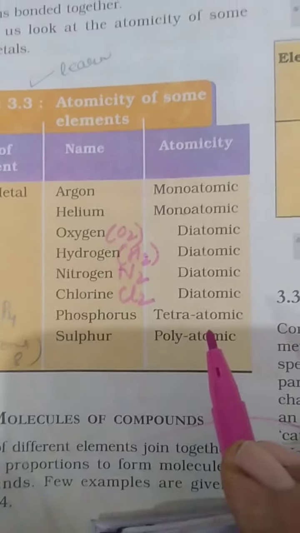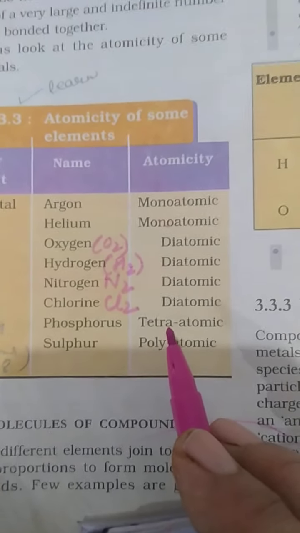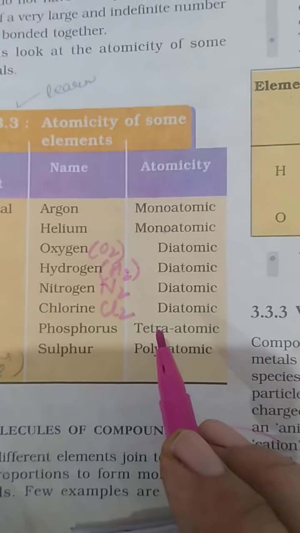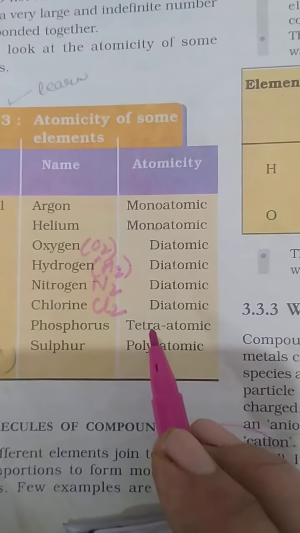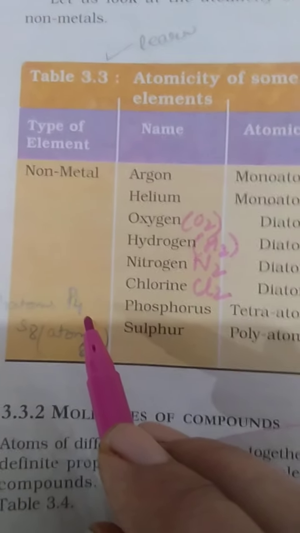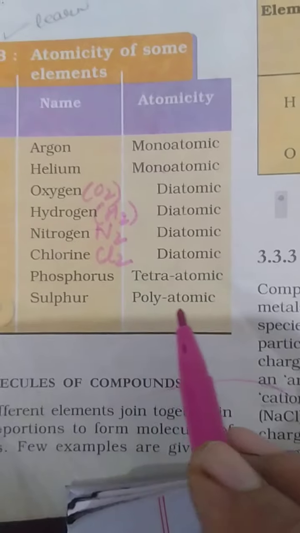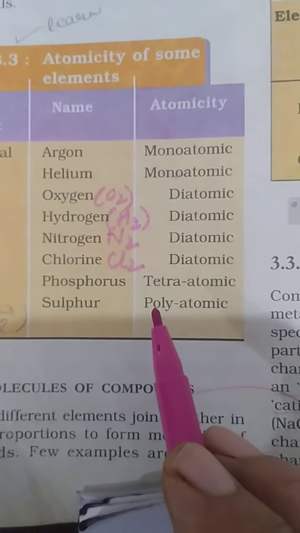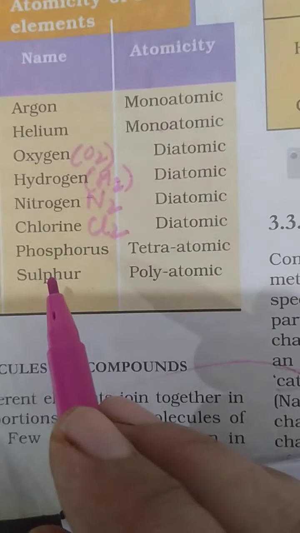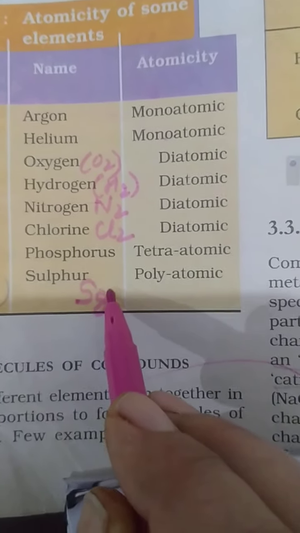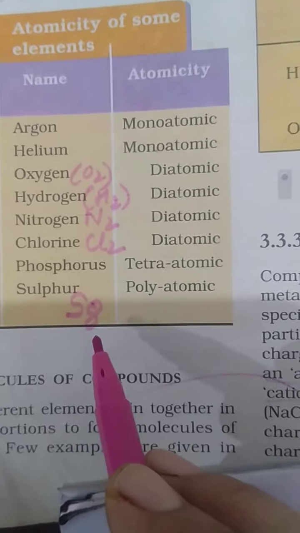Then some of the molecules which have more than 3 atoms are known as tetra. Tetra means 4. So phosphorus is written as P4, right? And more than 4 is polyatomic. Poly means many, more than 4. Like sulfur, it always occurs in molecular form as S8.